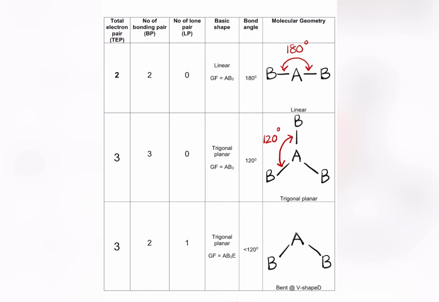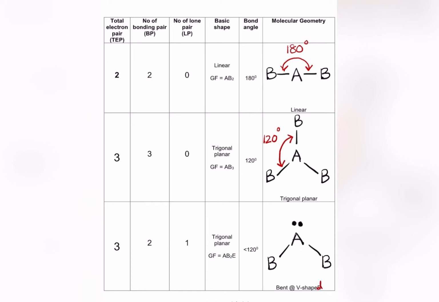Saya akan gantikan salah satu ini sebagai lone pair. So dia akan jadi 2 titik. And this is the shape for V shape. Atau nama lain dia adalah bend. Sedikit pembetulan, D ini small letter D. Okay, so continue with the drawing.